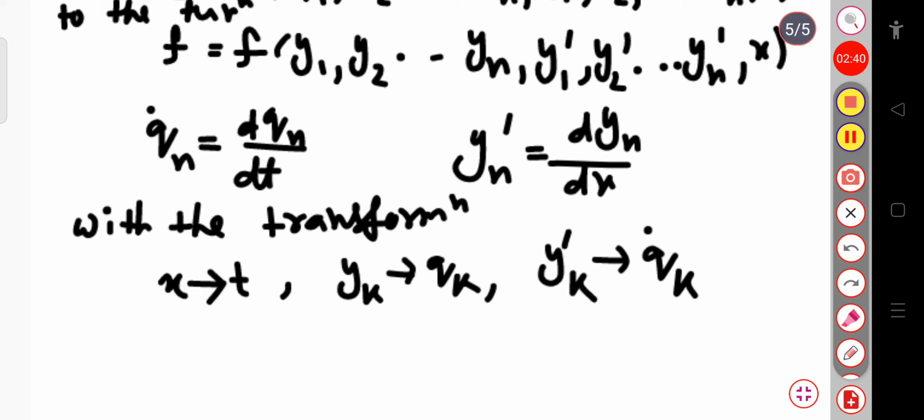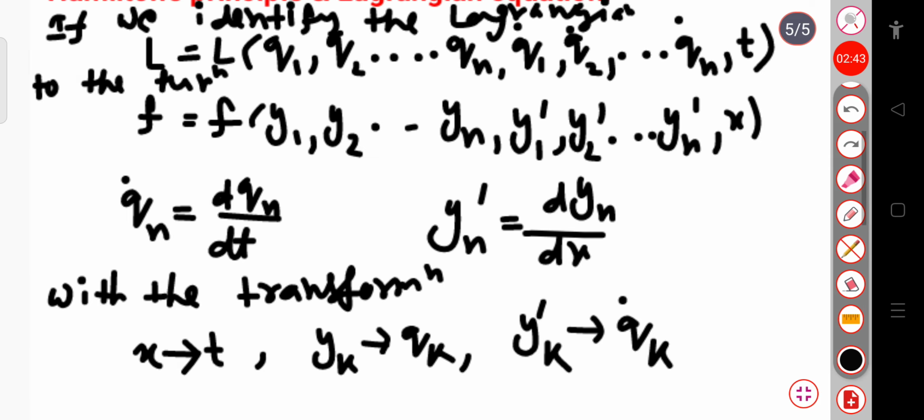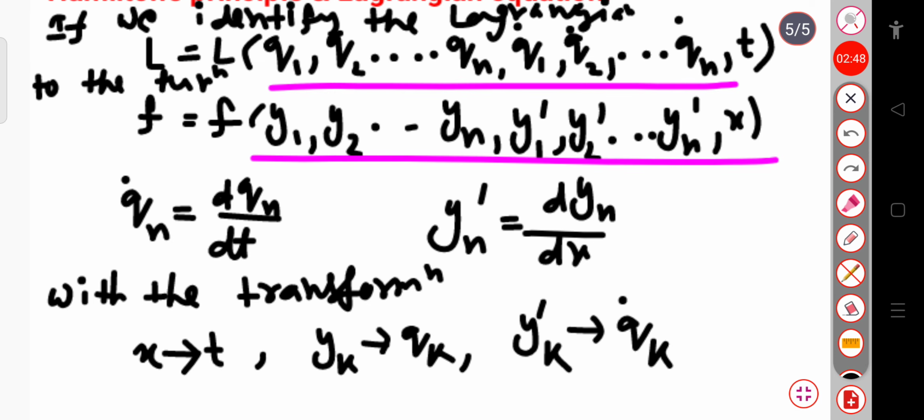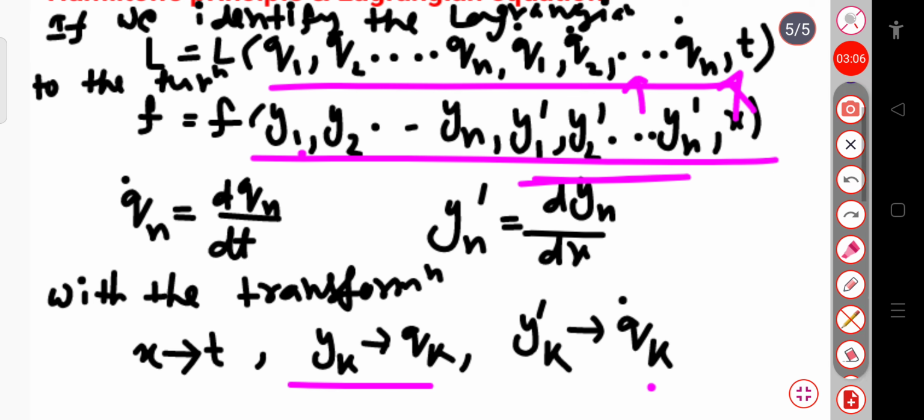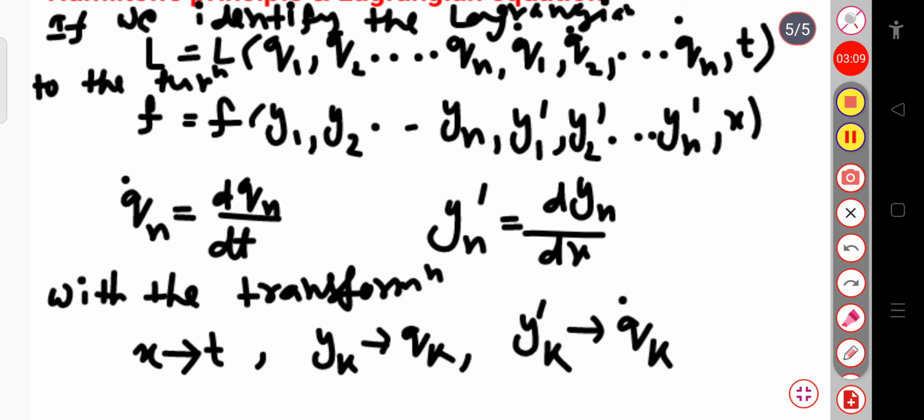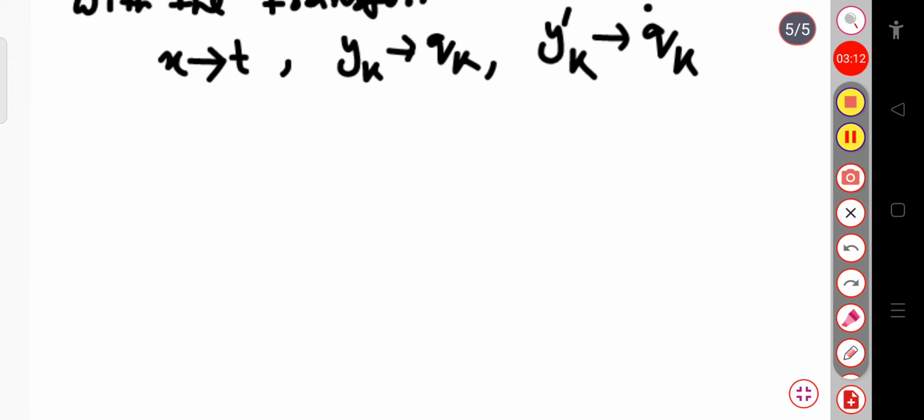You can see in these two expressions, the Lagrangian and this function, that y changes to q, yk prime changes to qk dot, and x changes to t. This is how the function varies into the Lagrangian.